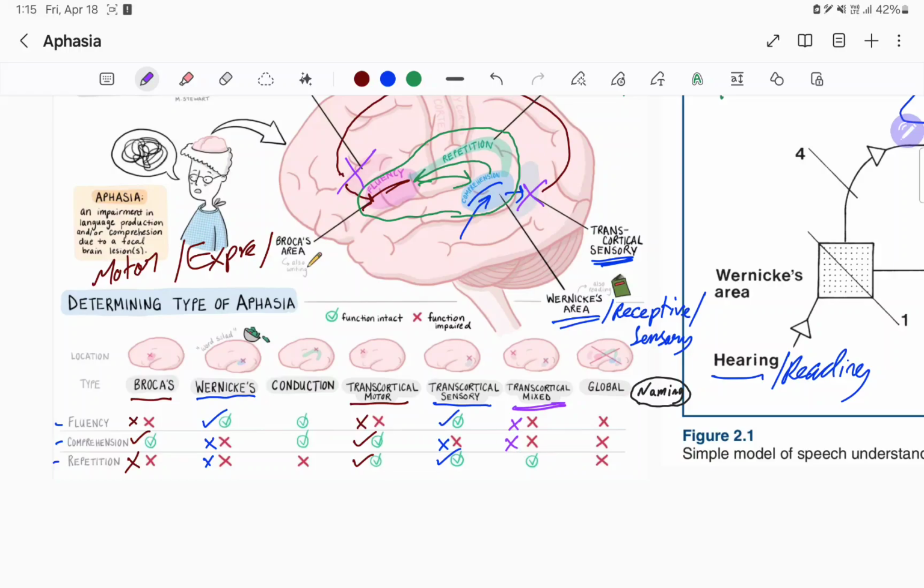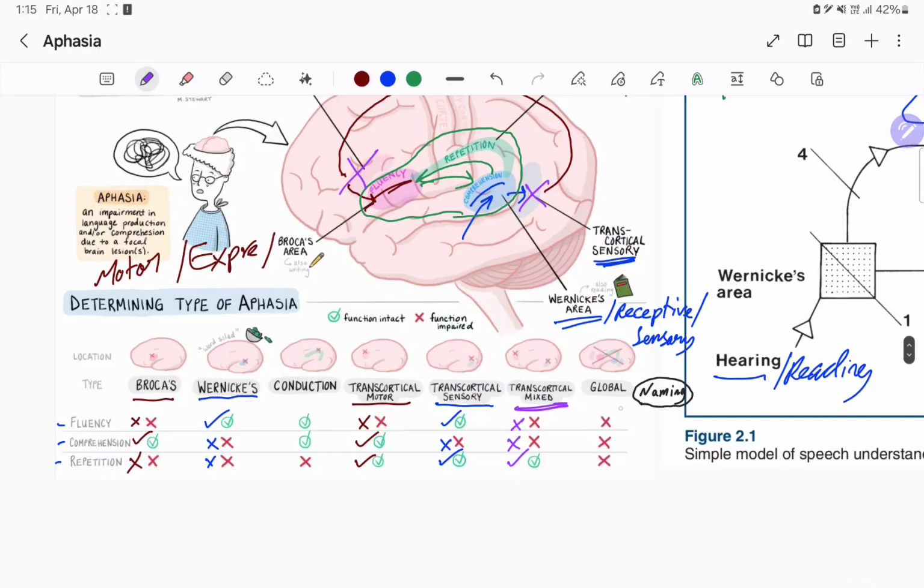And how to differentiate between transcortical mixed and global aphasia, where all structures are involved, is the repetition. Because as we said, the transcortical sensory and motor areas are not part of the repetition system. So in global aphasia, we will have, of course, impaired fluency, impaired comprehension, and impaired repetition.